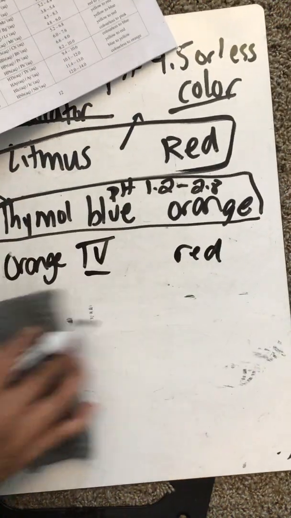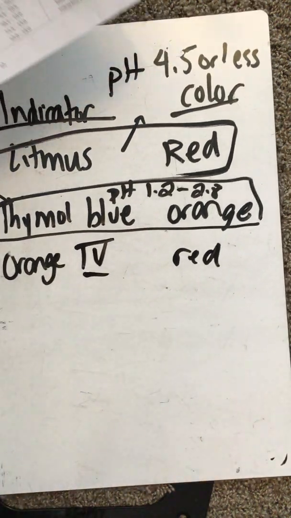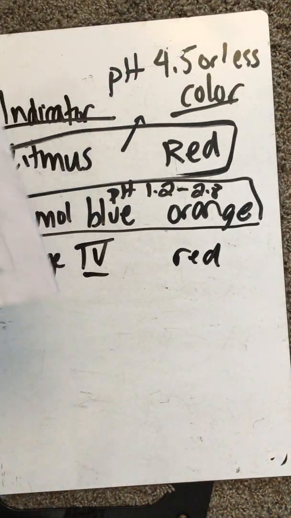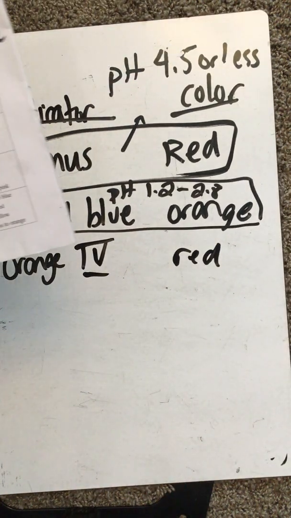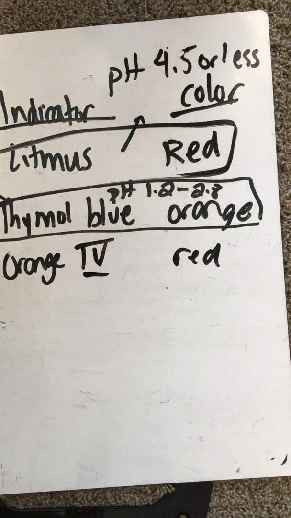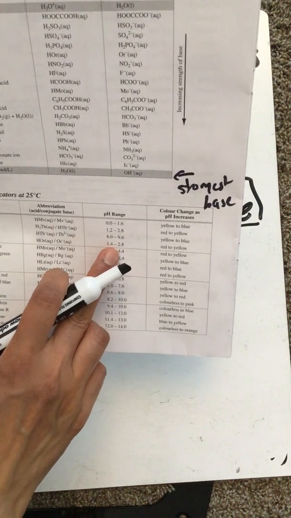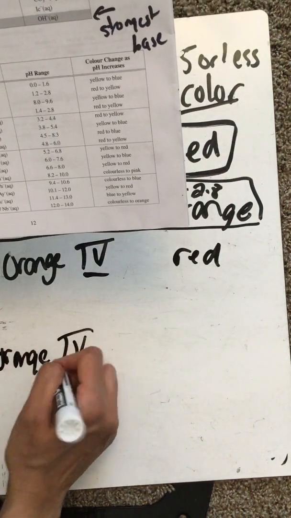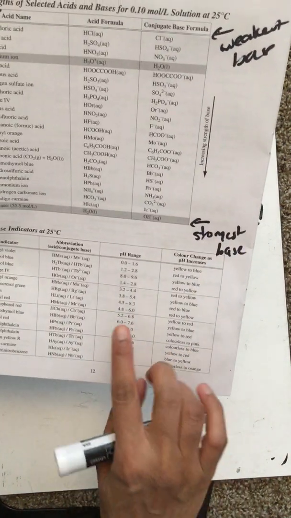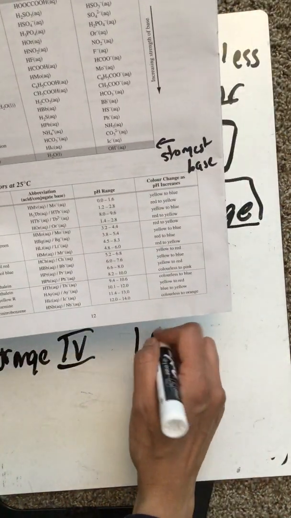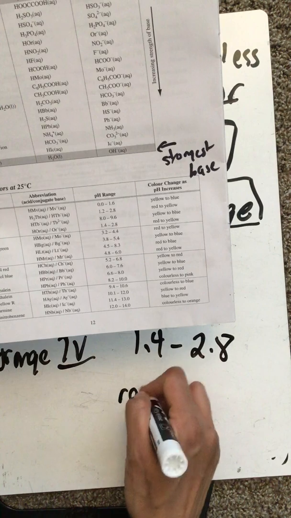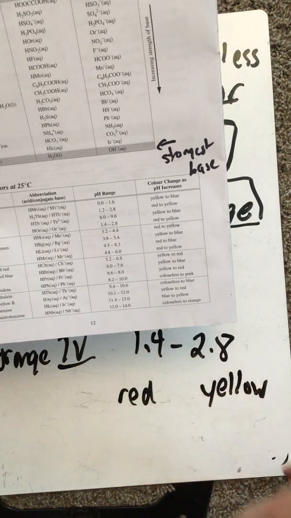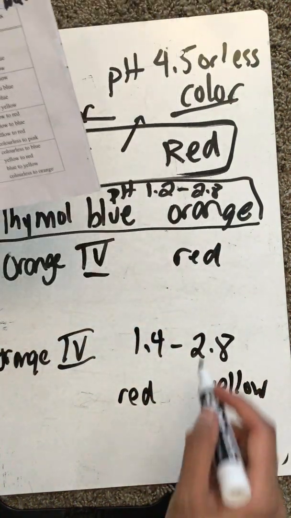Then I look at the last one, orange 4. Take a look here, it is 1.4 and 2.8. The indicator range of orange 4 is 1.4 to 2.8, and it goes from red to yellow. Well, what color is orange 4?